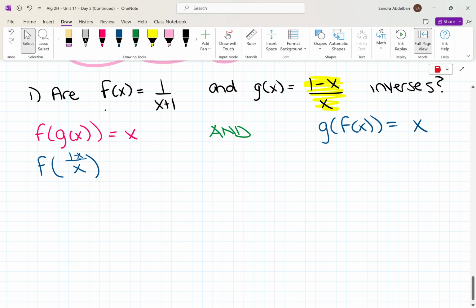Wherever I see x, I'm now going to substitute in 1 minus x over x. That's what this is telling us to do. So I'm going to have 1 over, now instead of x, I'm putting in this whole thing, 1 minus x over x, plus 1.